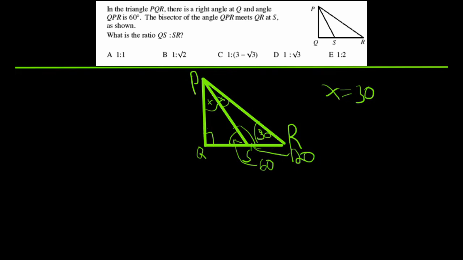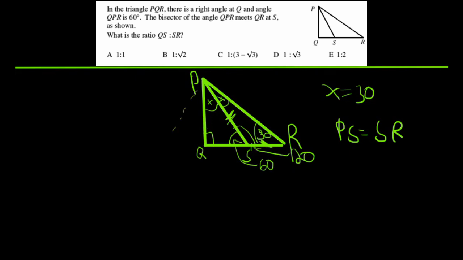We know that triangle PSR is isosceles, and so PS is equal to SR. And what we can then say is that the triangle PQS is half an equilateral triangle because it has an angle of 60, an angle of 30, and an angle of 90.